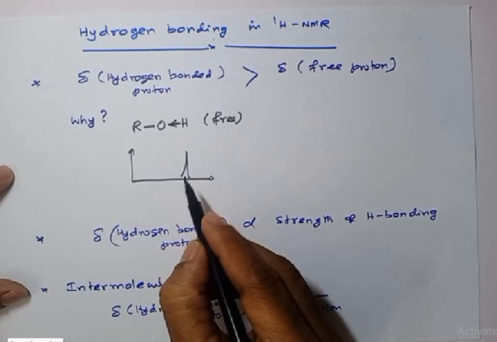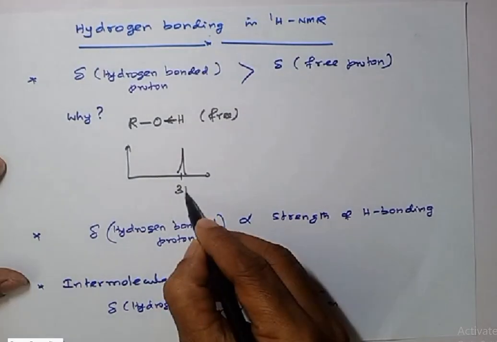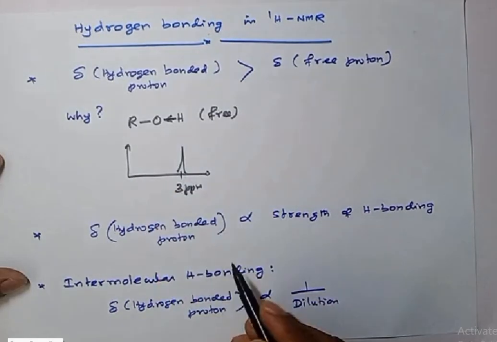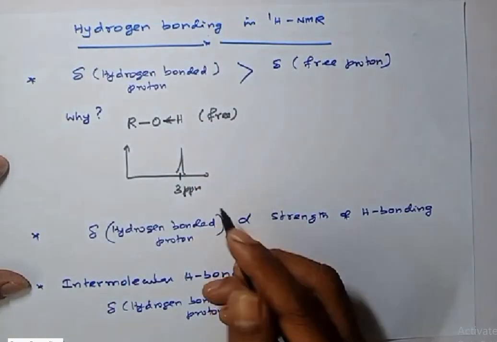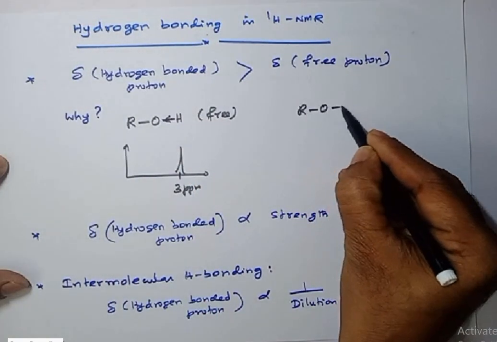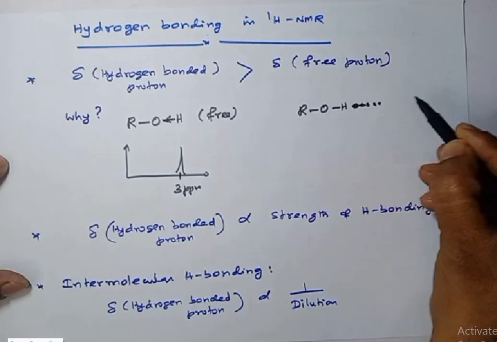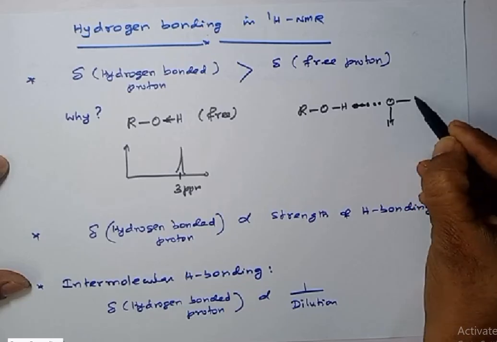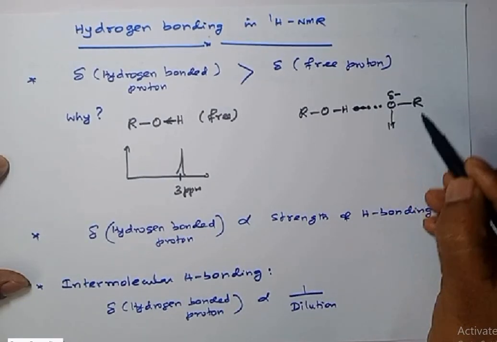Say, for example, I will give some value just for understanding purposes. Let's say this is 3 ppm, free OH group. Now when the same hydrogen is hydrogen bonded, suppose this hydrogen, I'll draw another alcohol molecule here. You know very well, oxygen is partially negative.